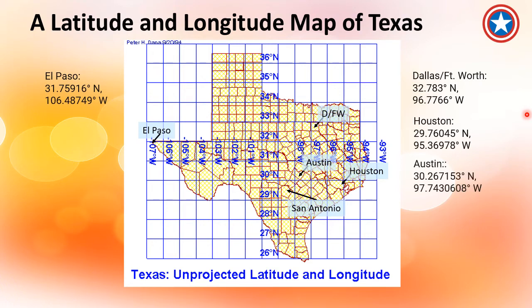Austin is roughly a little over 30 degrees north, 30.2, and it's at about 97 and a little change to the west, so right around here. And San Antonio, 29.42, so about 29.5 degrees north, and about 98.5 degrees west. So right in here.